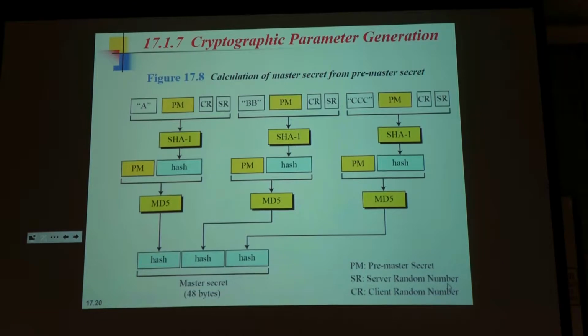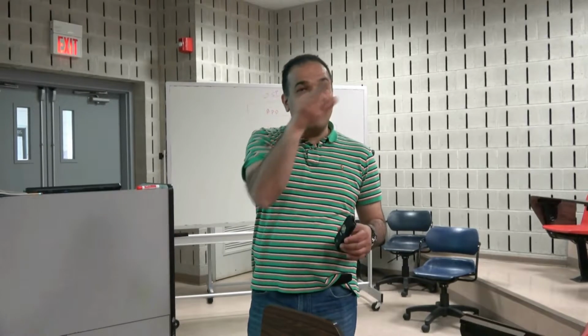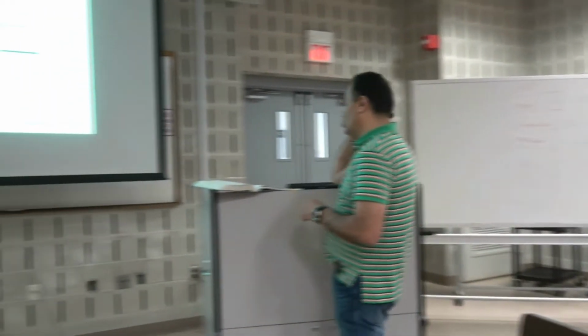There are six secrets that the sender and receiver have to exchange: four keys and two IVs. You know what an IV is? An initialization vector. Many algorithms need a starting value, which we call the starting value or IV or initialization vector. So these need to be exchanged.